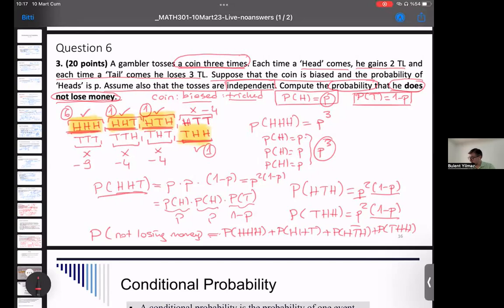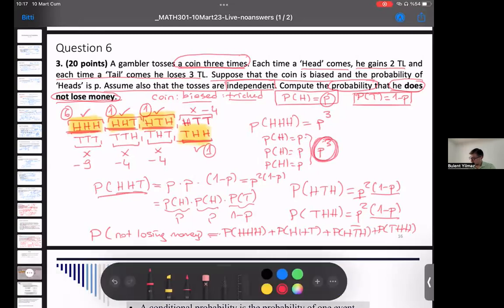It will be P cubed plus this, and plus this.